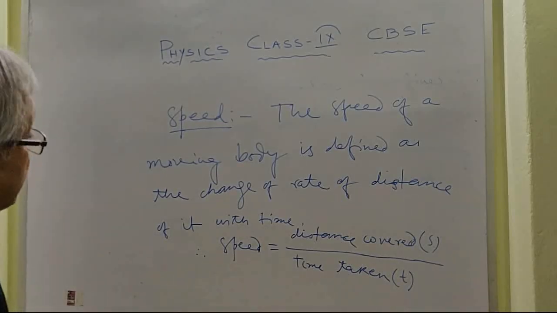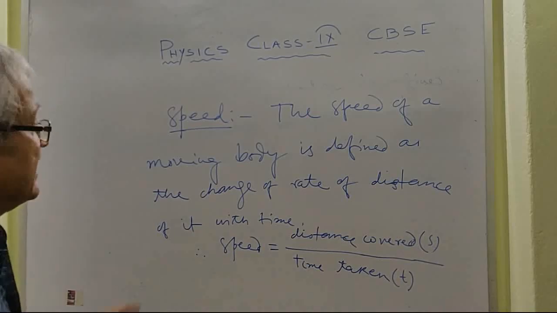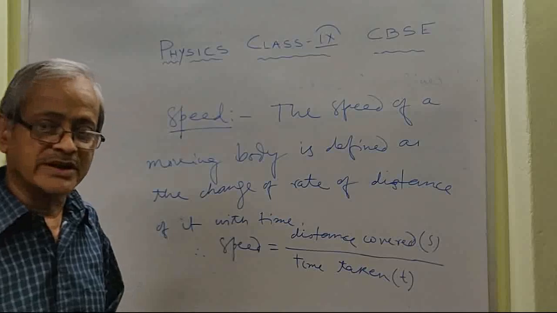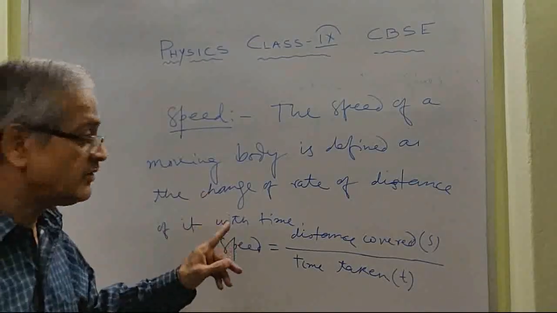That is, the distance covered in unit time is called speed. The distance travelled by a moving body in unit time is called speed.